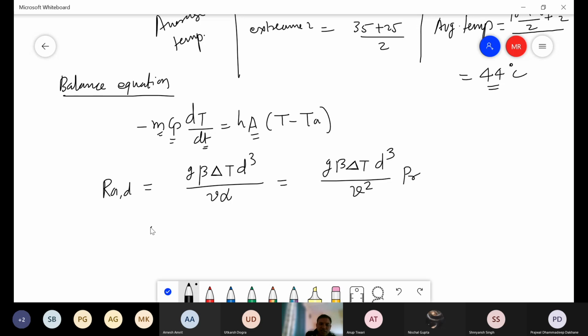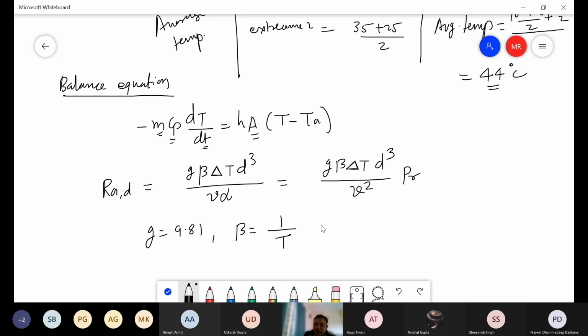So in this case, g is 9.81, that is the acceleration due to gravity, isn't it? Beta we can calculate. Remember beta, as I said, if you assume that the air is an ideal gas, for an ideal gas, beta is given by 1 by T, where T has to be calculated in Kelvin, and this T has to be the average temperature, because all these properties we are finding at average temperature, isn't it?